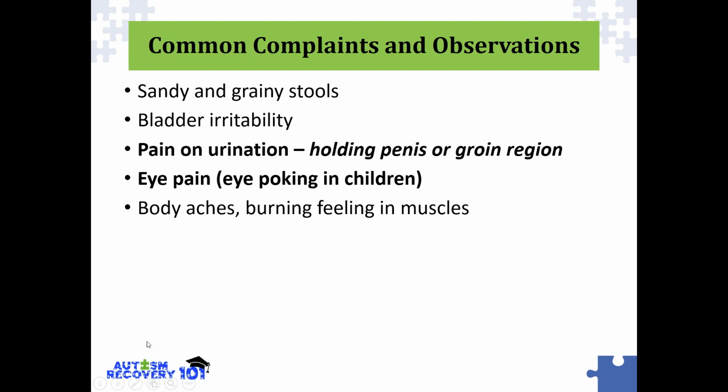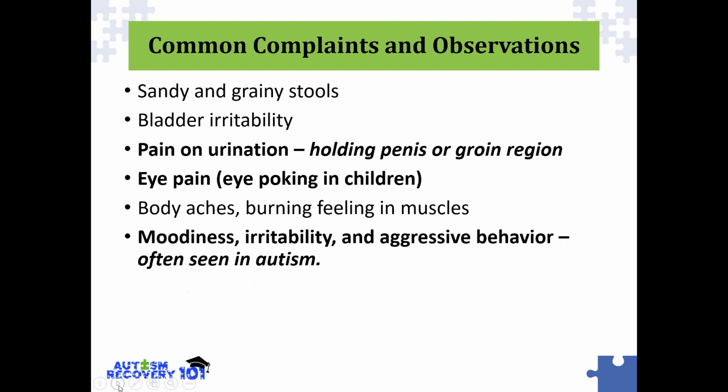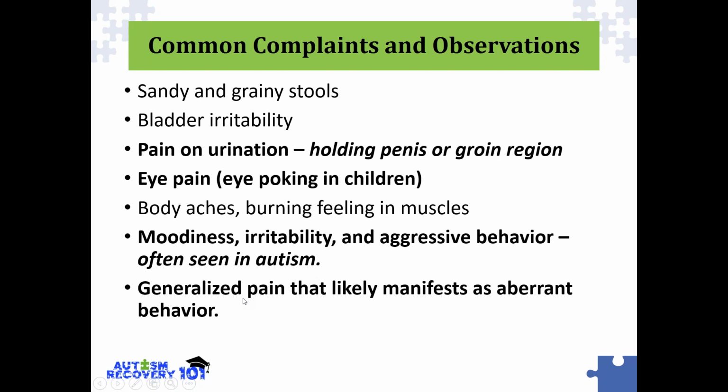Body aches, burning feelings in the muscles, moodiness, irritability, aggressive behavior. I realize that I can't say that moodiness, irritability, and aggressive behavior is strictly related to oxalates, but oxalates are one of the things that can lead to that. So that's why testing is important through the organic acid test.